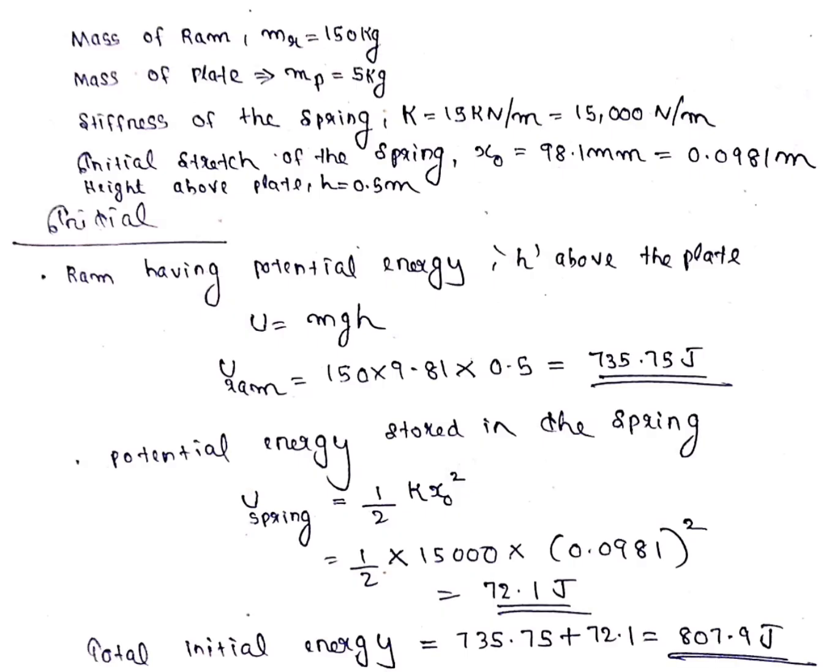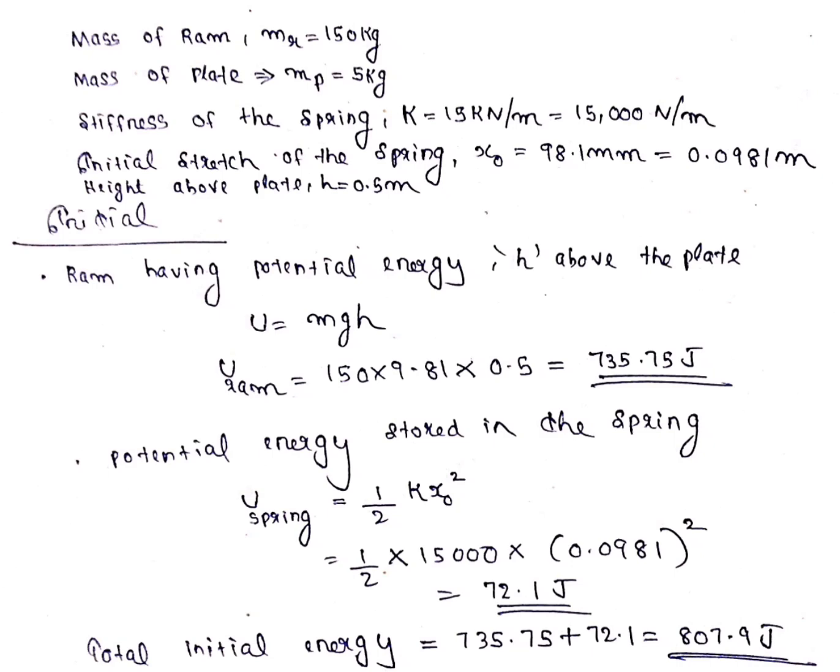So first, I have written the given conditions. Mass of the ram, I am representing it as mr, which is 150 kilogram. Then mass of the plate, represented as mp, 5 kilogram. Then stiffness, 15 kilonewton per meter, but I have to convert it into the basic standard unit, so it will become 15,000 newton per meter. Then the initial stretch of the spring, they already told, right?